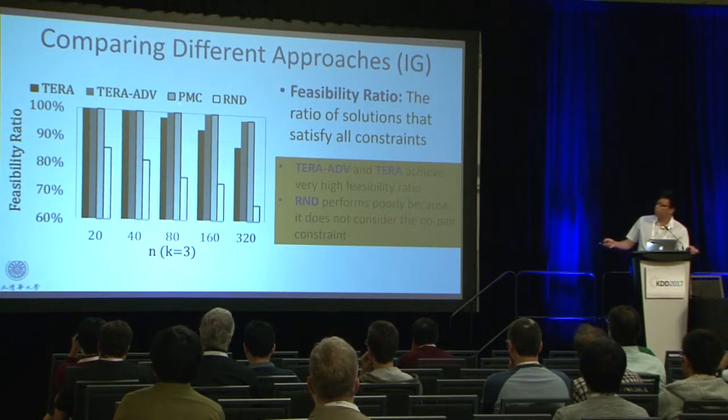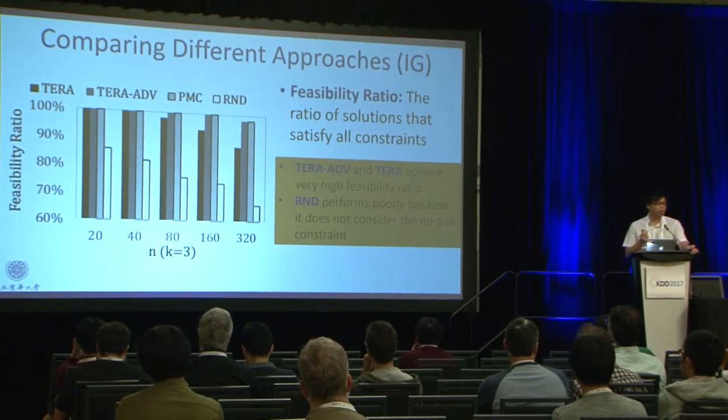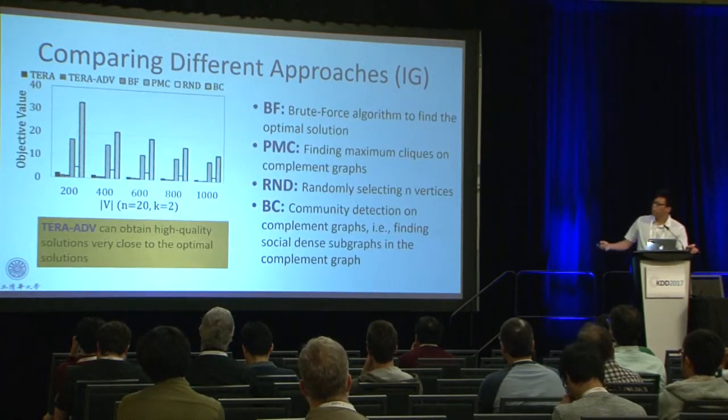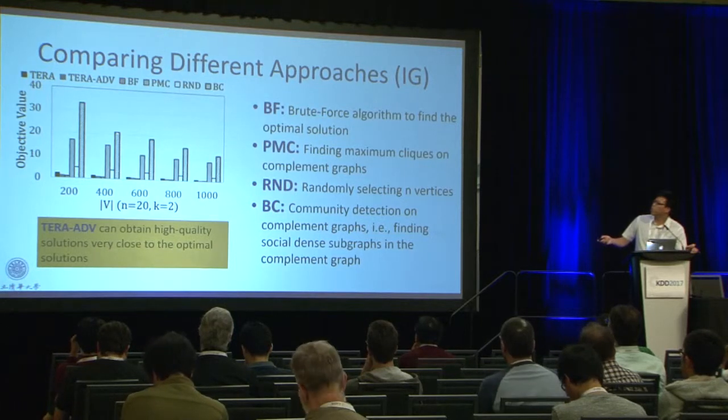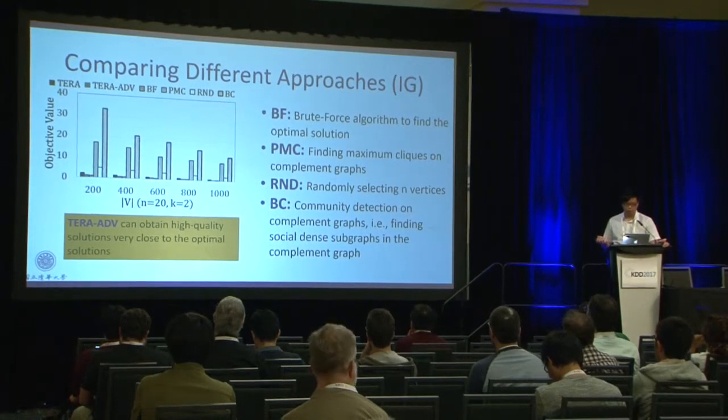One thing worth noting is that the PMC algorithm achieves quite a high feasibility ratio. But PMC is not a good algorithm because, if we roll back to see here, PMC achieves very bad objective values. So PMC is not a good approach.